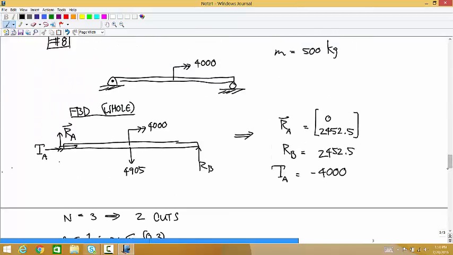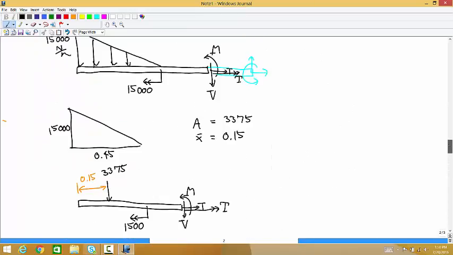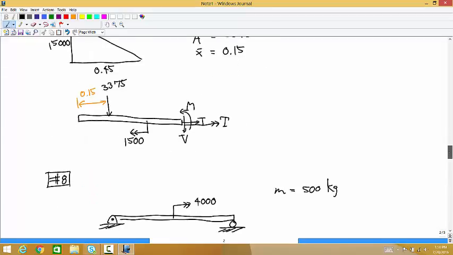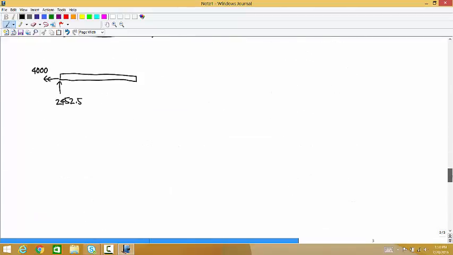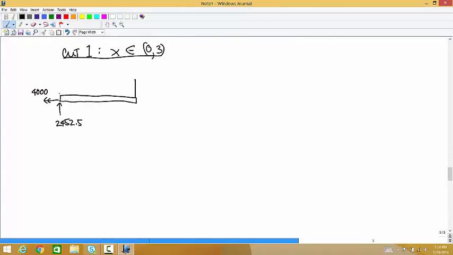The total value of the weight is 4905 acting down, but that's distributed over 6 meters. That beam is 6 meters long. So you just take the 4905 divided by 6, and that's the distributed load.